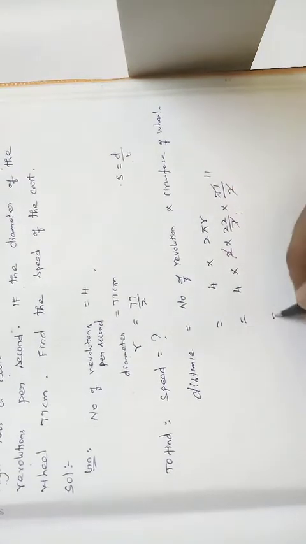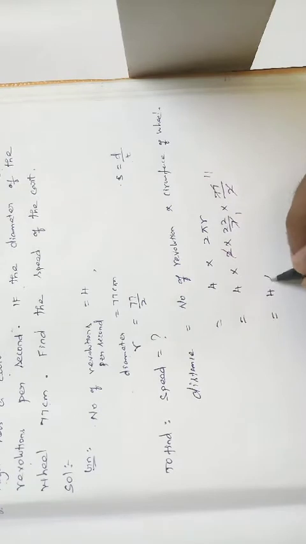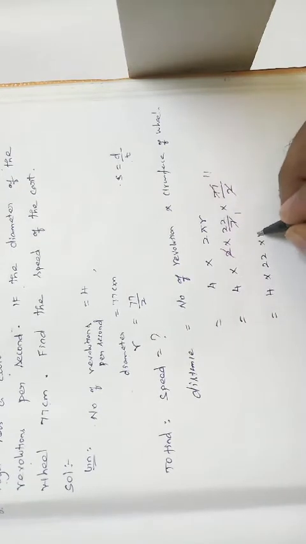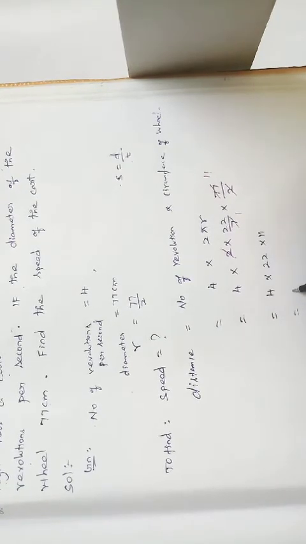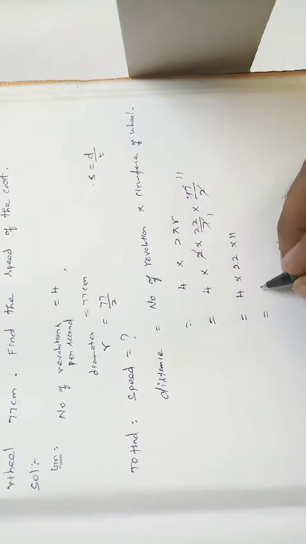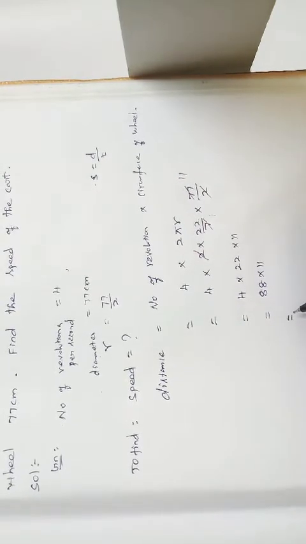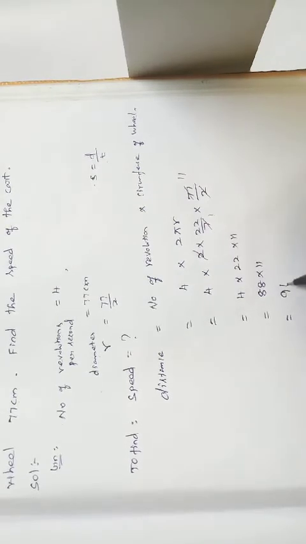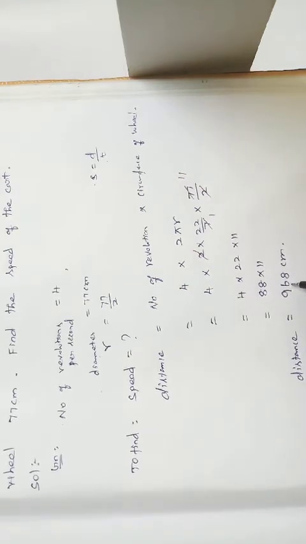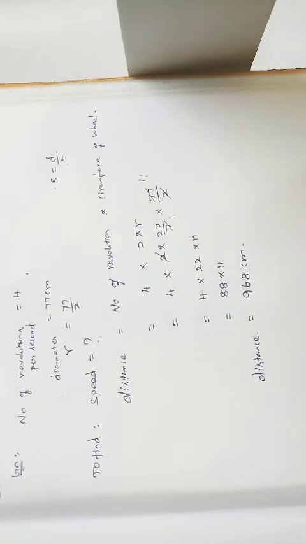What remains in the numerator is 4 into 22 into 11. 4 into 22 is 88, and 88 into 11 gives 968 centimeters.